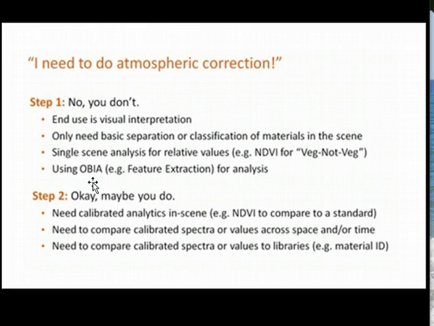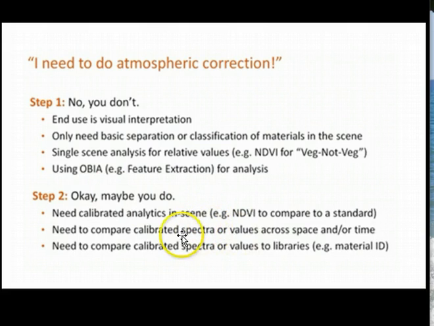Instead, that object-based feature extraction is also incorporating characteristics of shape or size or texture or contrast. And so when you're bringing in all of those additional characteristics, it isn't always essential to get the spectra perfectly corrected.